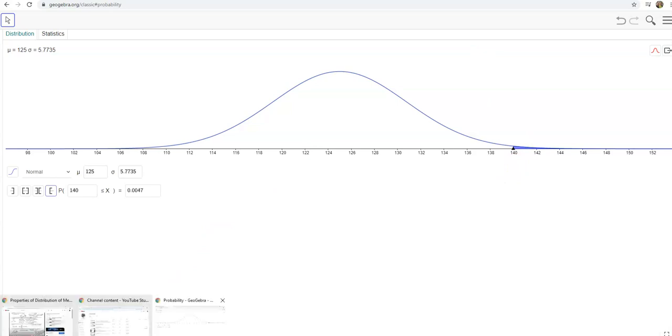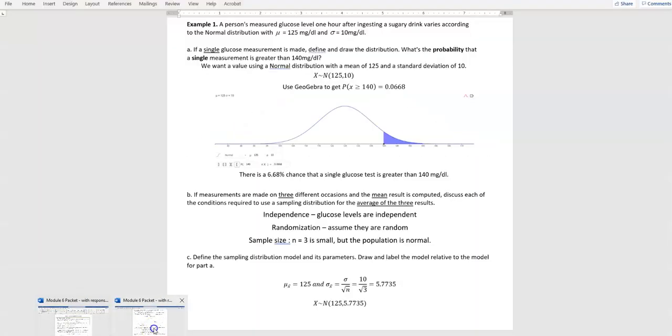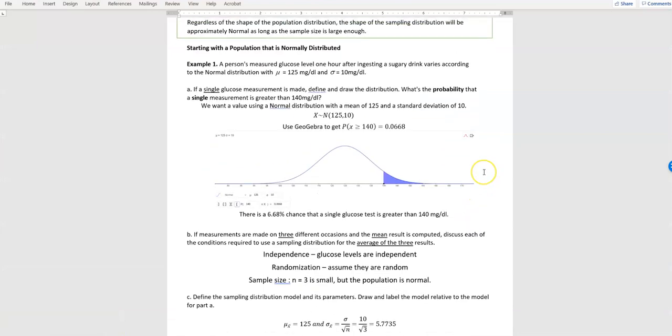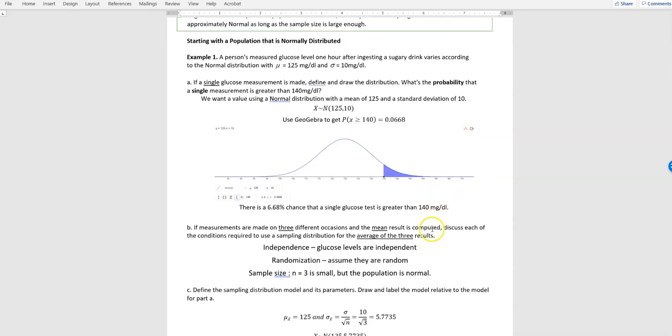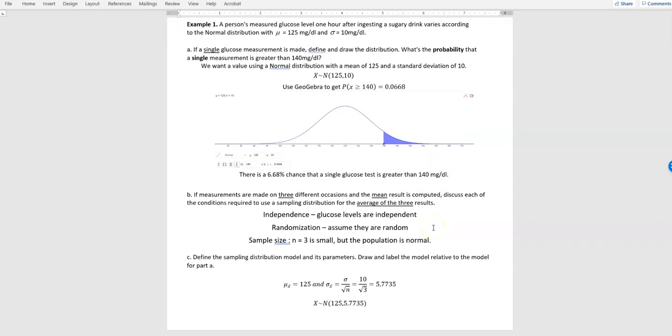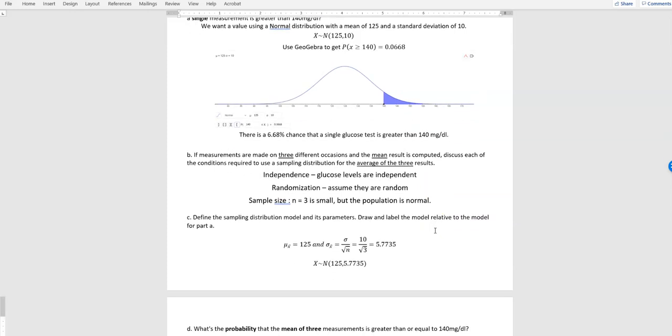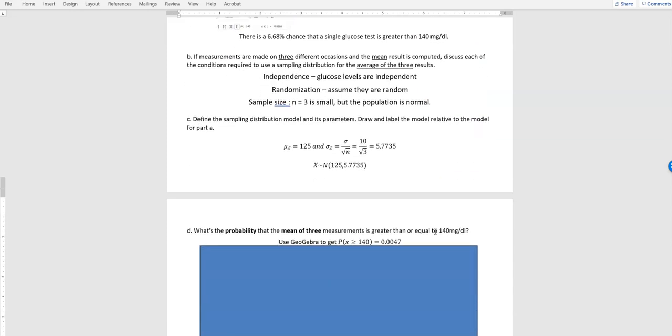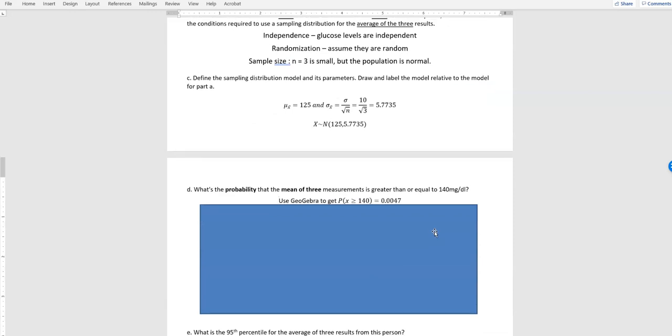Because if one person comes in, that person could be very far off of the average. But when 3 people come in, we're going to start seeing something closer to the average. And if 10 people or 20 people or 30 people come in, they're going to get closer and closer to that exact average. So it's going to change with the more people that you get.